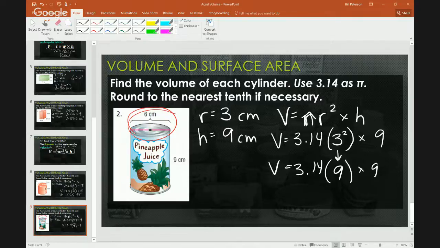So we have 3.14 times 9 times 9, which gives us a volume of 254.3 centimeters cubed.